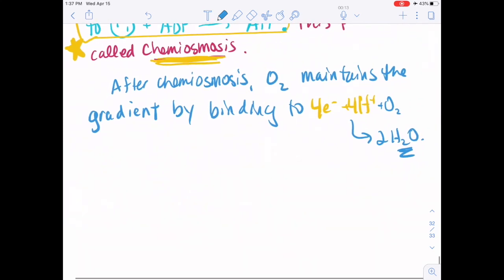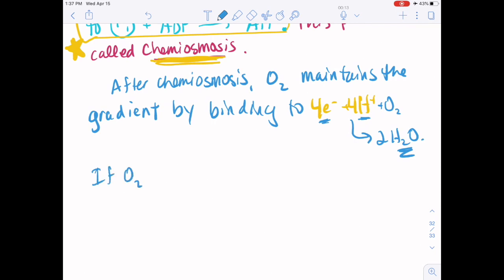Oxygen is so important and our cells can't survive without it, because if oxygen isn't present to bind to the electrons and protons after chemiosmosis, no more protons can flow through ATP synthase and we won't get any more ATP.